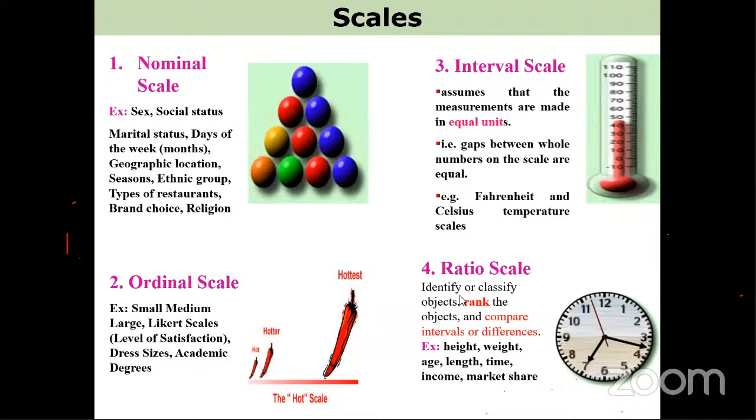Ratio is different than that. Here it is to compare the ranks of different objects and compare the intervals and differences. So identify or classify objects, rank the objects, or compare intervals or differences. Height, weight, age, length, time, income, market share, everything we can compare here.